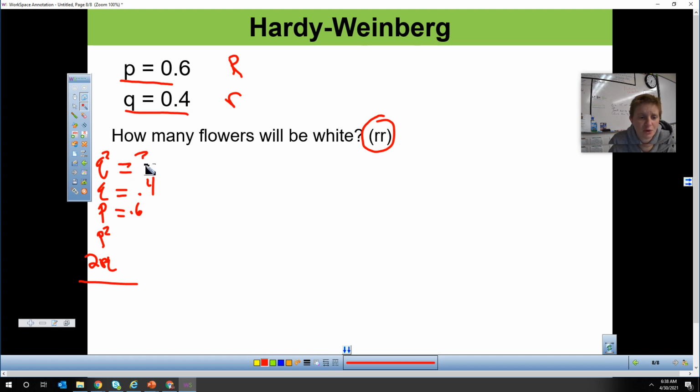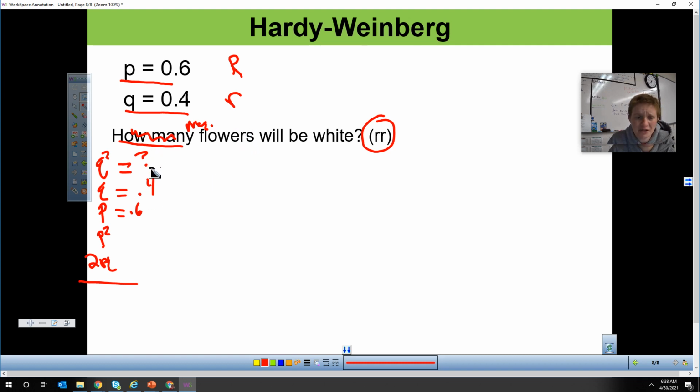That's really what we're looking for here. How many flowers will be white? And we want how many. Now, that's a really interesting way of putting that question because I don't have a number of individuals, but that's kind of common. Instead, let's figure out the frequency of the white flowers because that's something we can actually figure out.